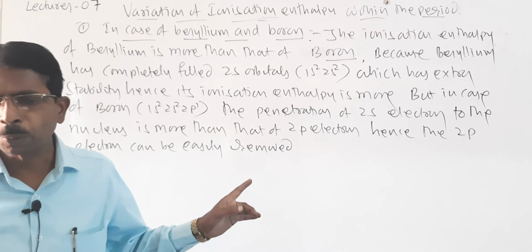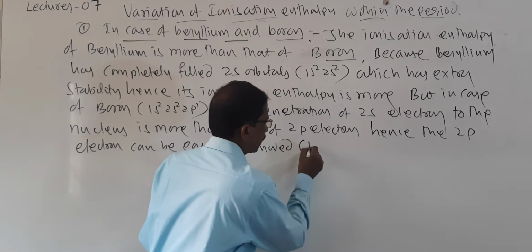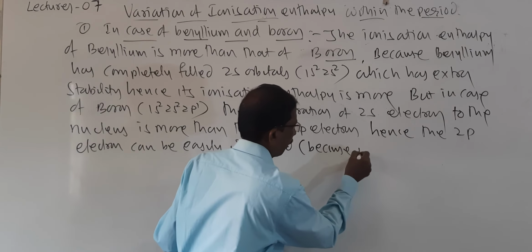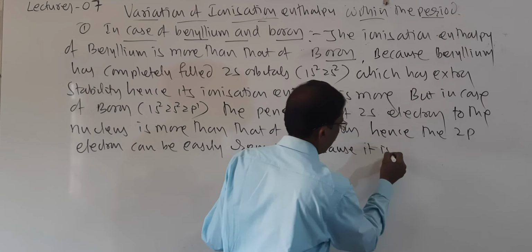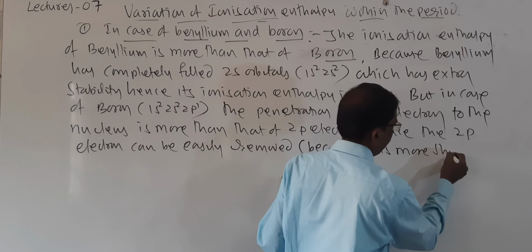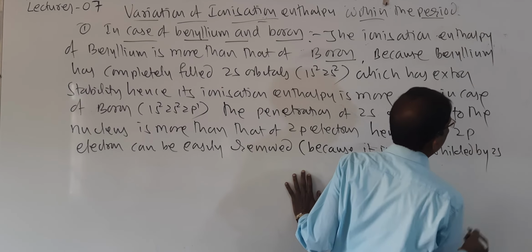The 2p electron of boron can be easily removed because it is more shielded by 2s electron.